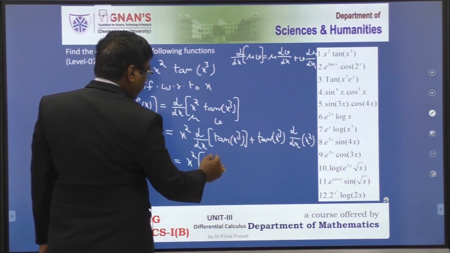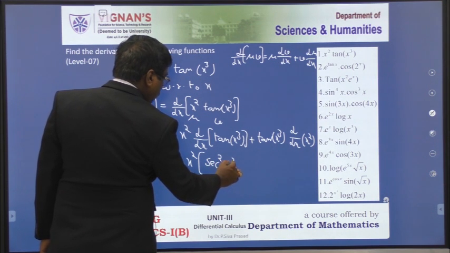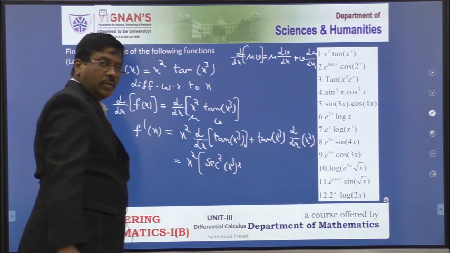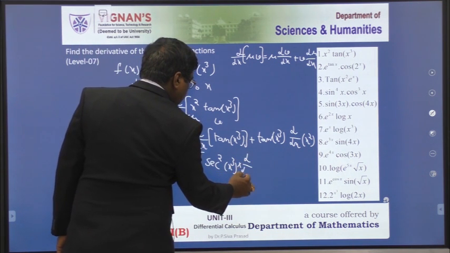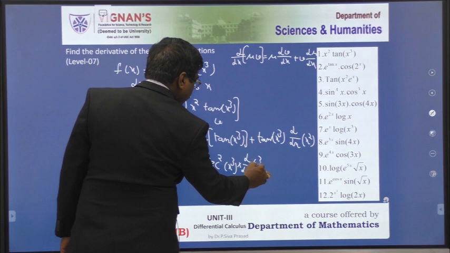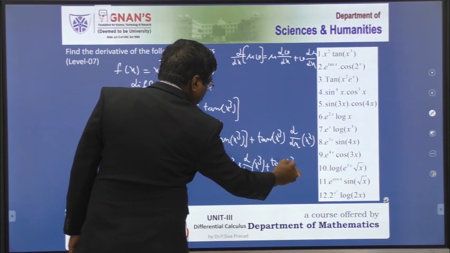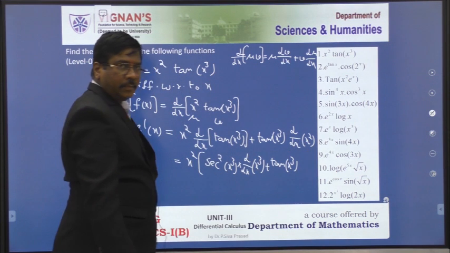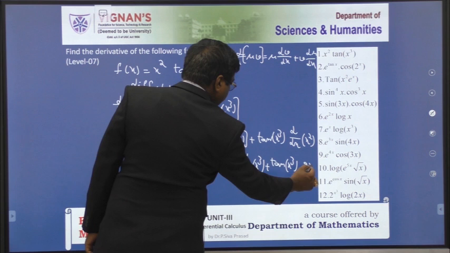Then this is equal to x square into the derivative of tan of x cube. d by dx of tan of x cube is secant square of x cube into the internal derivative, that is d by dx of x cube, plus tan of x cube into d by dx of x square, by the exponent formula, that is 2x.